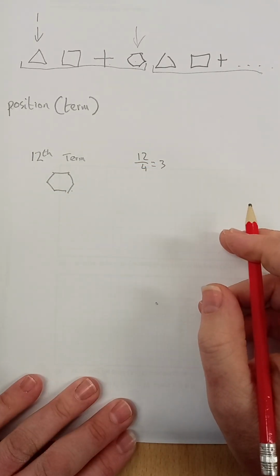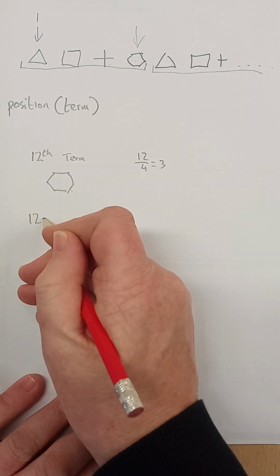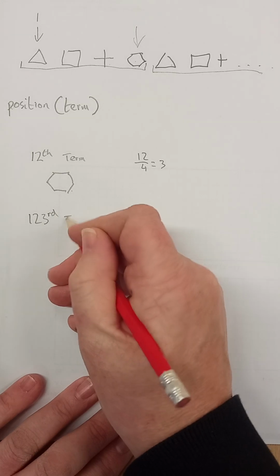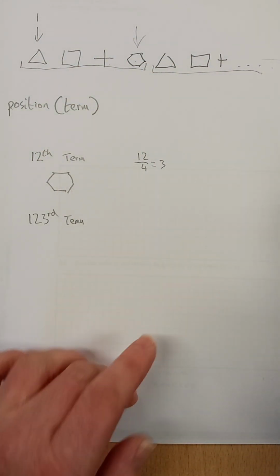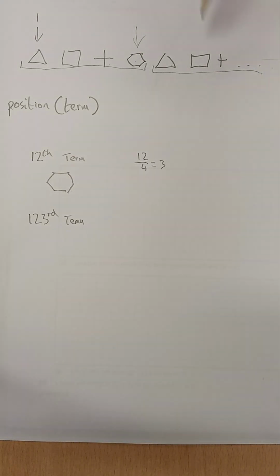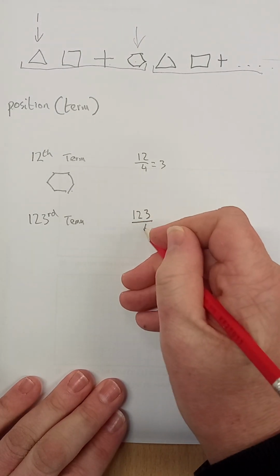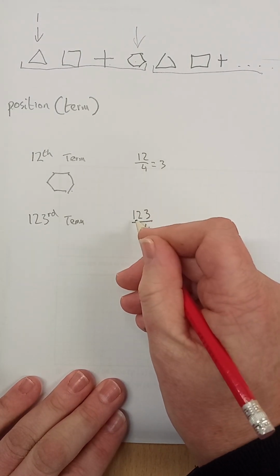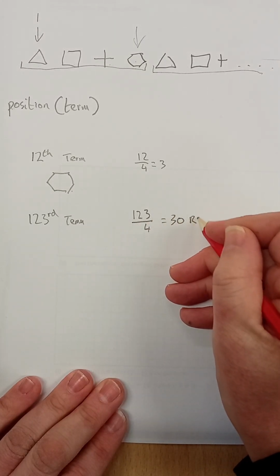If I want to know the 123rd term, I could write them out the whole way and keep going until I have 123 shapes in front of me, or I could just divide 123 by 4, and 4 into 123 goes 30 times with a remainder of 3.